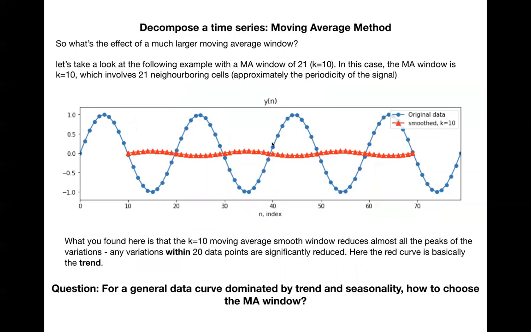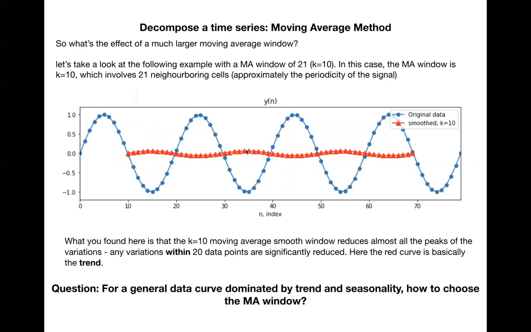Here you found that when I'm using k equals 10, which is 21 neighboring cells, the variation within the sine wave is basically eliminated, all the peaks are reduced almost to zero. So you can see that you have to choose a window that is almost exactly the seasonal variation in order to remove these periodic variations.